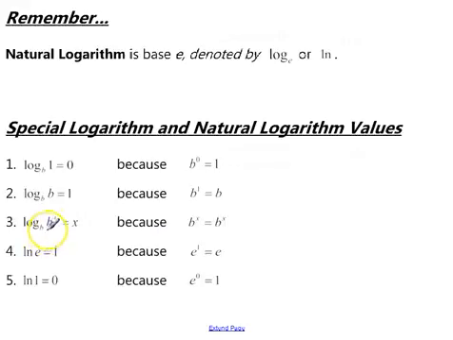Log base b of b raised to the x is going to equal x, because when you convert this, b to the x equals b to the x. The natural log of e will equal 1 because e raised to the first power equals e. And then natural log of 1 equals 0 because e raised to the 0 power is going to equal 1.